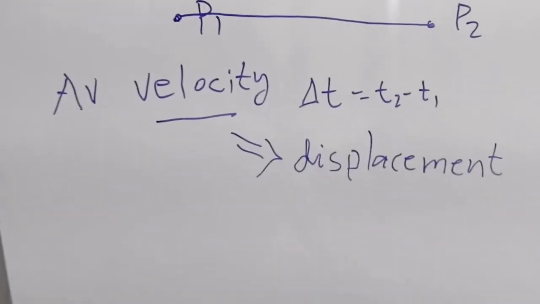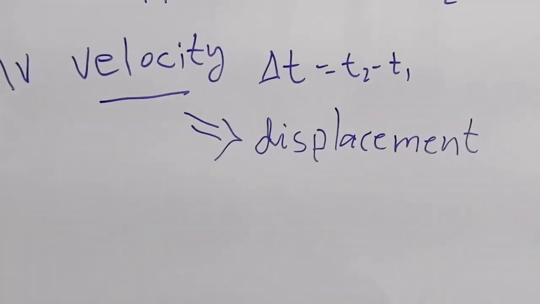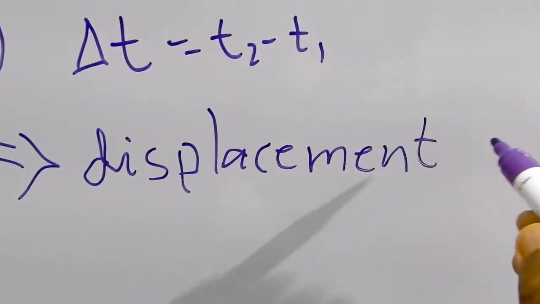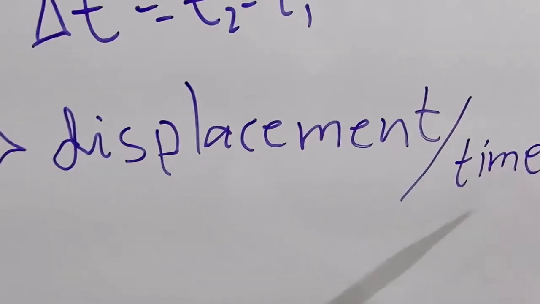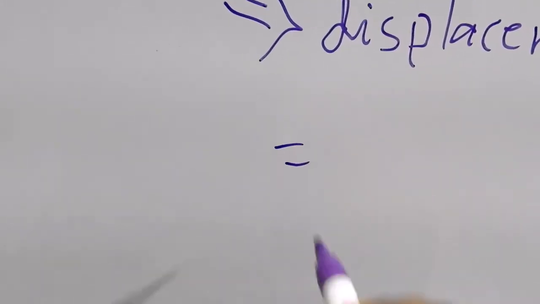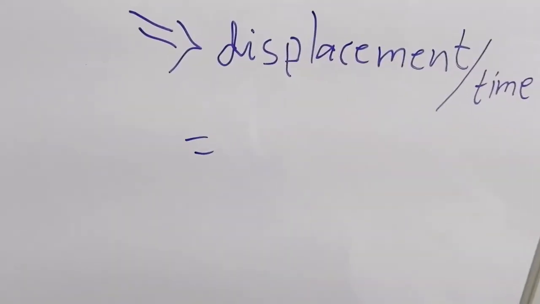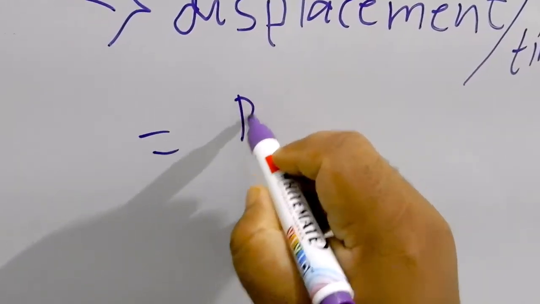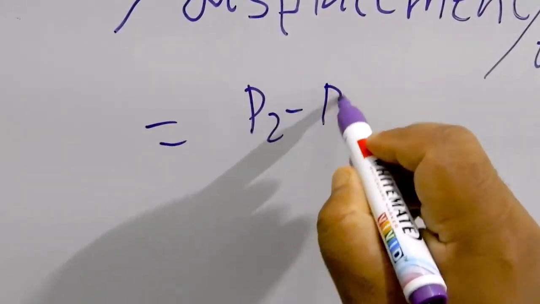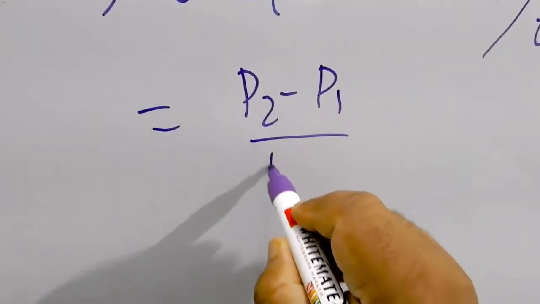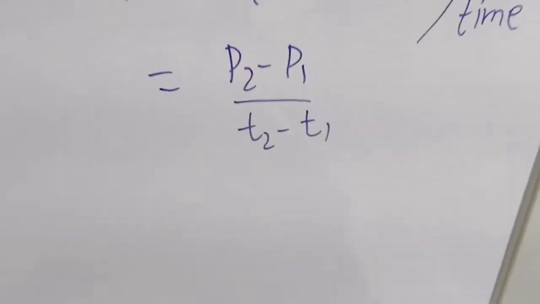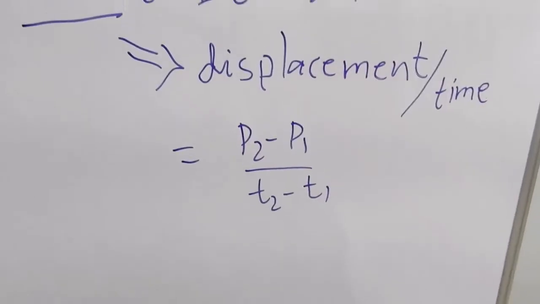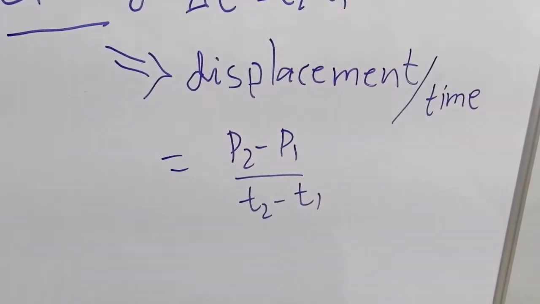Average velocity is equal to displacement by time, which is formulated as P2 minus P1 by T2 minus T1. That is equal to displacement by time.